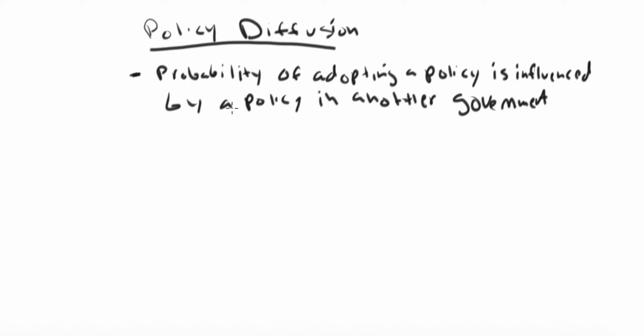So the probability of adopting a policy is influenced by a policy in another government.